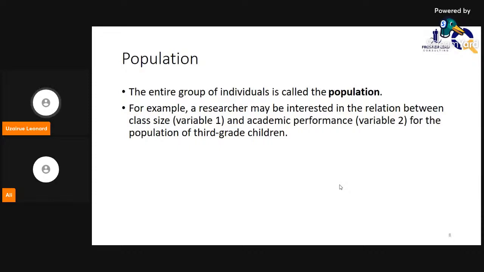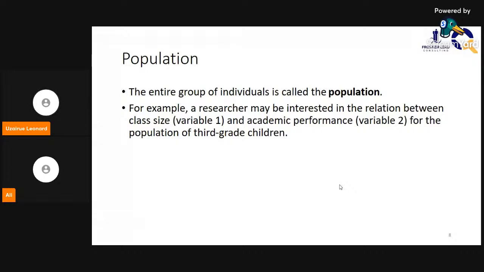So the entire group that makes up that particular area is what is referred to as a population. A population could be, for example, the whole population of Nigeria.